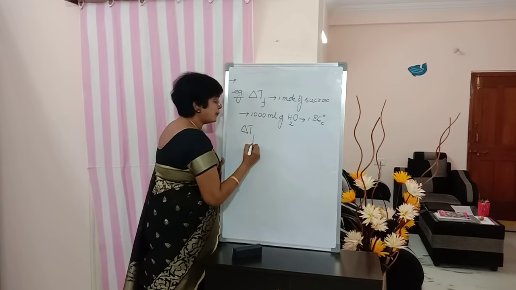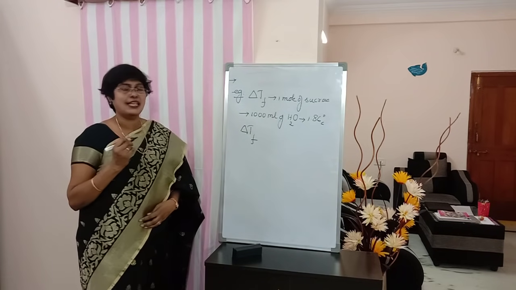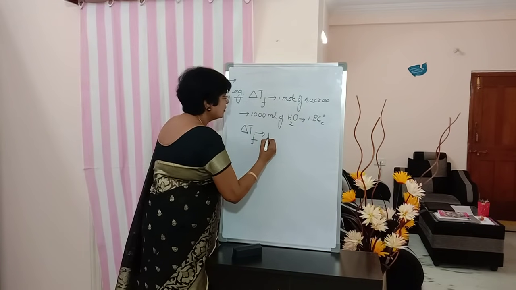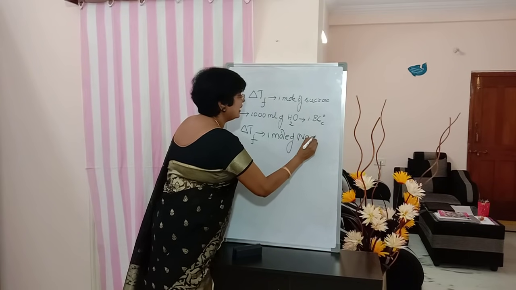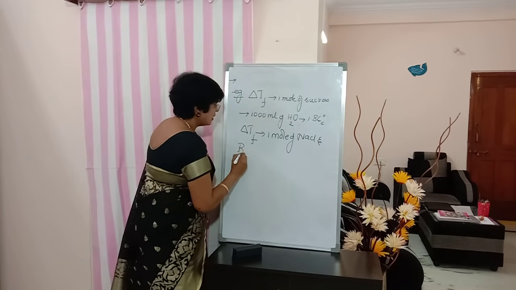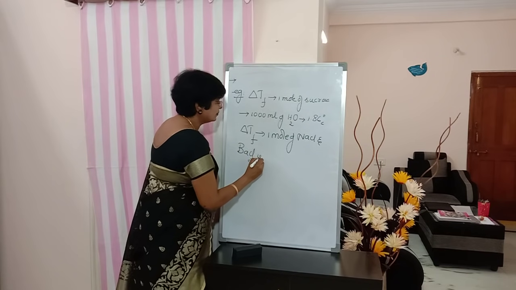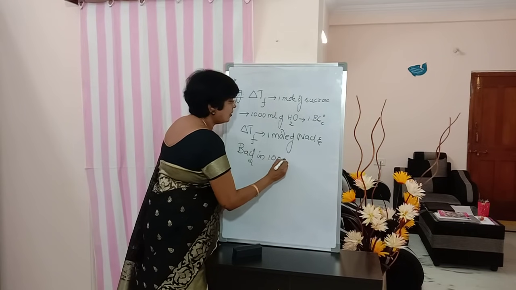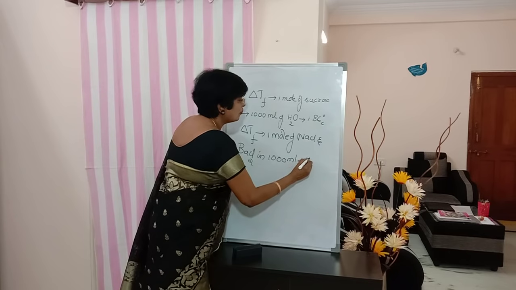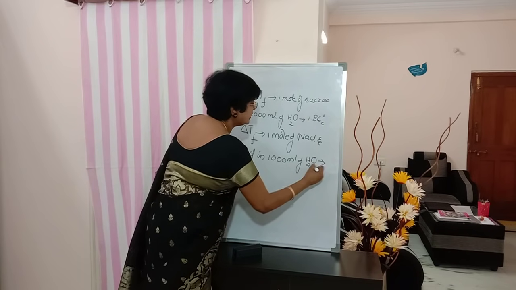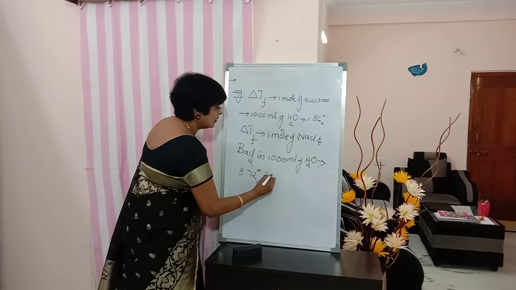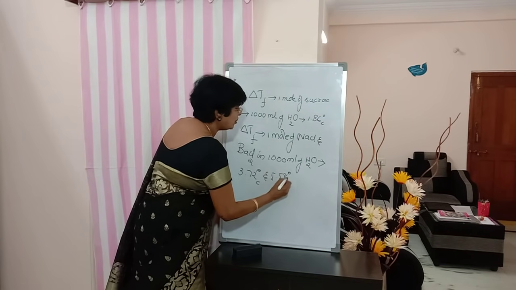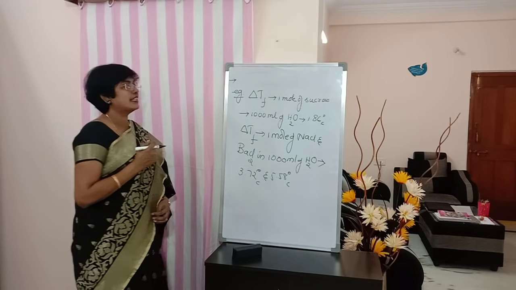Same colligative property, delta TF value of 1 mole of NaCl and BaCl2 in 1000 ml of water is 3.72 degrees centigrade and 5.58 degrees centigrade.